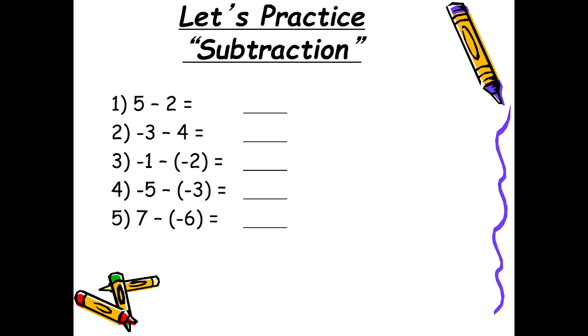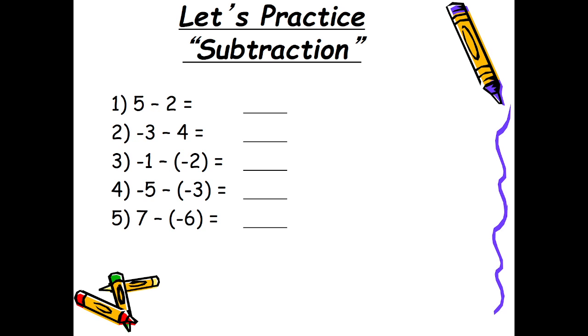So let's practice subtraction of integers. I have here some problems for you to answer. You can pause this video or you can take a screenshot. Here are the problems. Number 1, 5 minus 2. So that's positive 5 minus positive 2. Number 2, negative 3 minus positive 4.